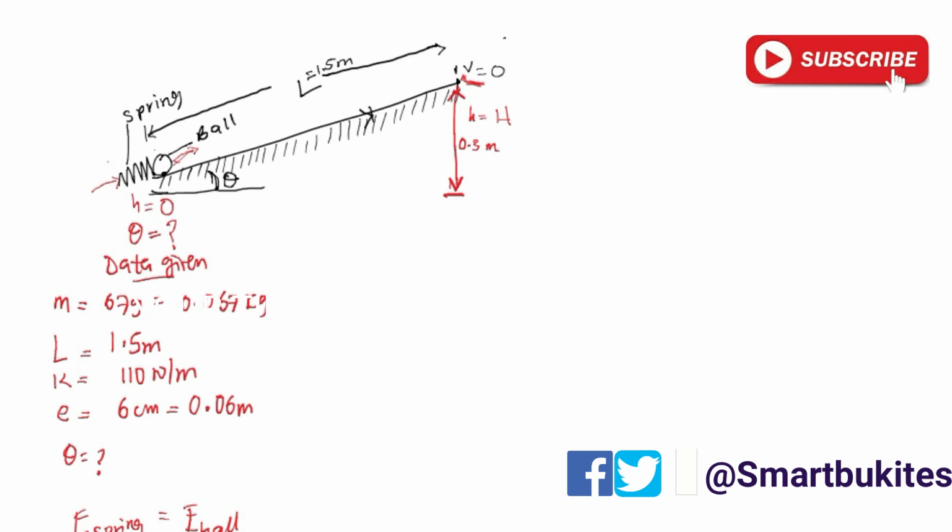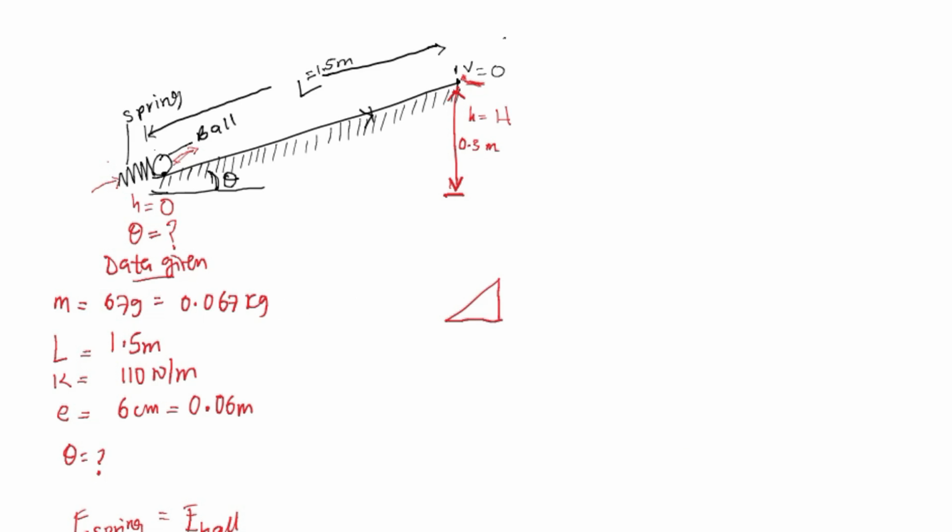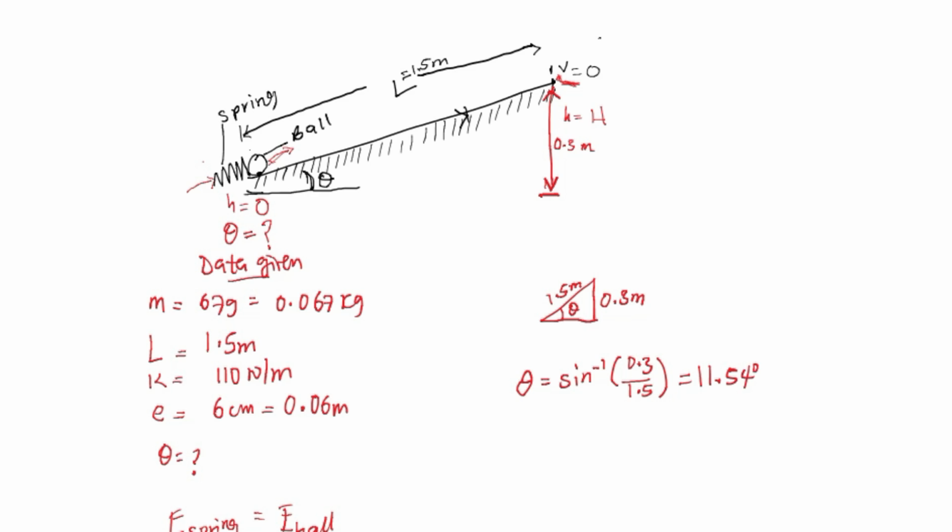You can see that we have a triangle with a side of 0.3 meters and a hypotenuse of 1.5 meters. So this is theta here. Theta is the sine inverse of 0.3 divided by 1.5, which is 11.5 degrees. So this is the value of our theta.